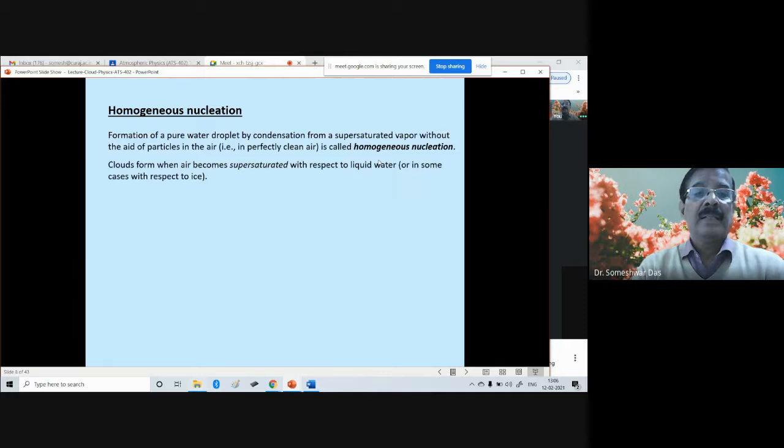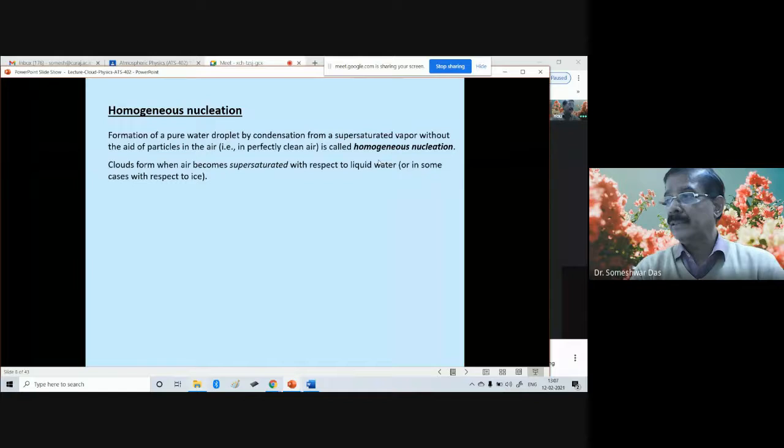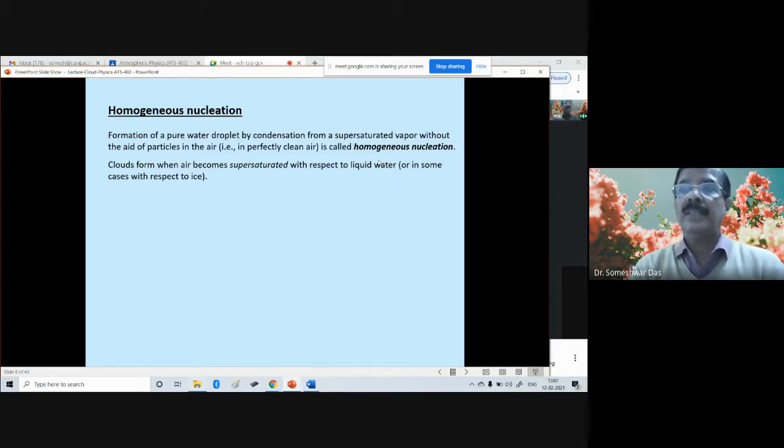Okay. Now, clouds form when air becomes supersaturated with respect to liquid water, that you know, or in some cases with respect to ice, right? That is the high cloud, cirrus cloud type. So when we say supersaturation, supersaturation with respect to what, right? The air can be supersaturated either with respect to liquid water or with respect to ice, right? Either way.